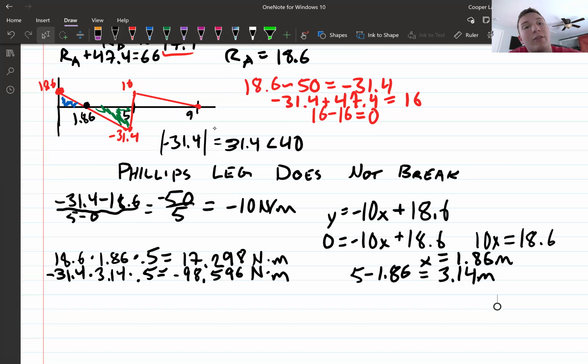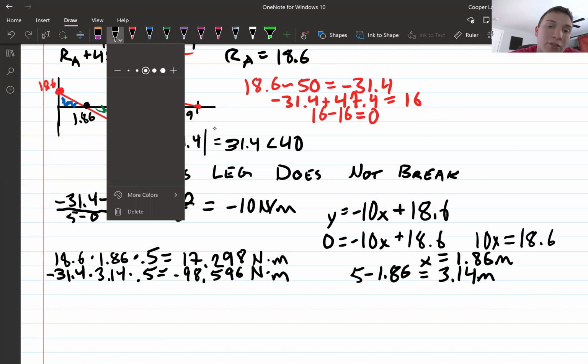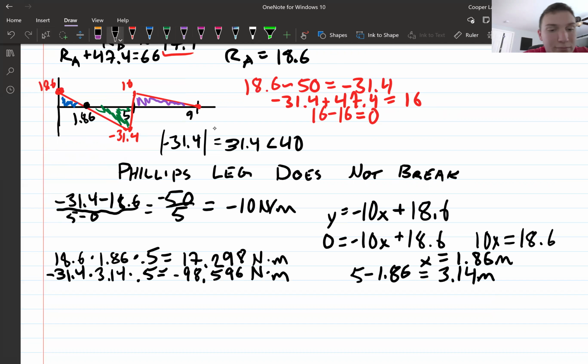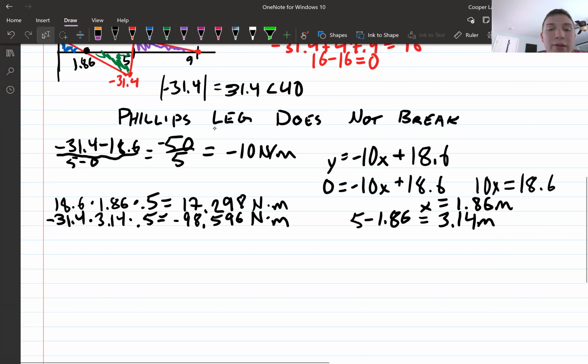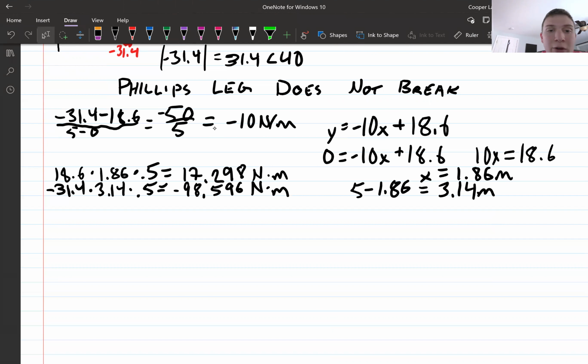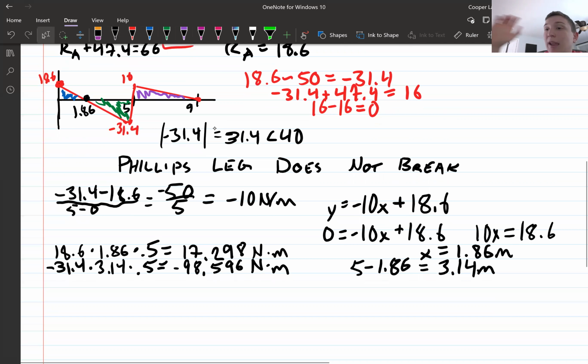So now we have to do this very last triangle right here, which I'm going to color in purple. We already know its base is going to be 4, and we know its height is going to be 16.